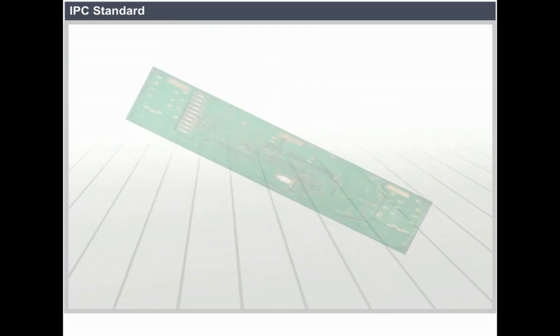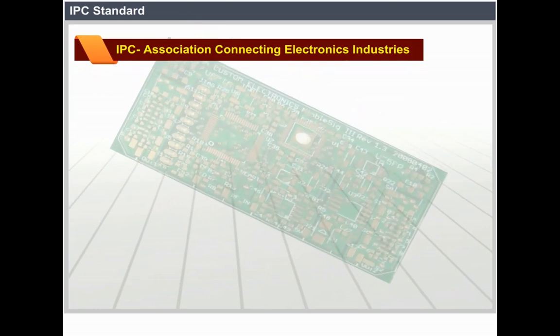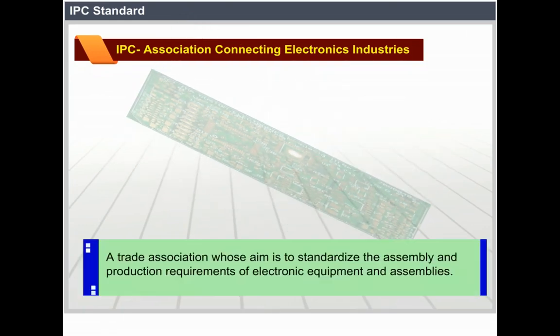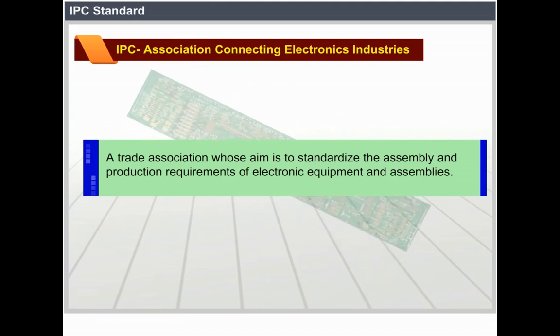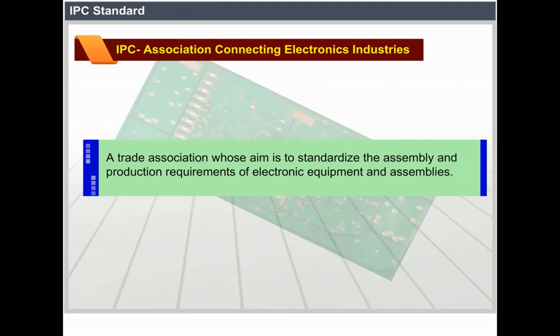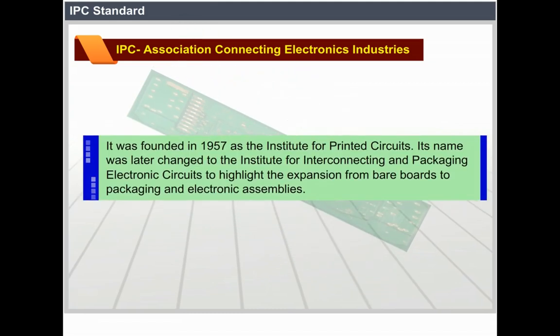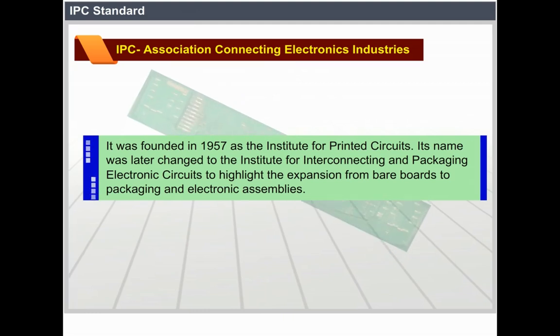IPC Standard. IPC, Association Connecting Electronics Industries, is a trade association whose aim is to standardize the assembly and production requirements of electronic equipment and assemblies. It was founded in 1957 as the Institute for Printed Circuits.